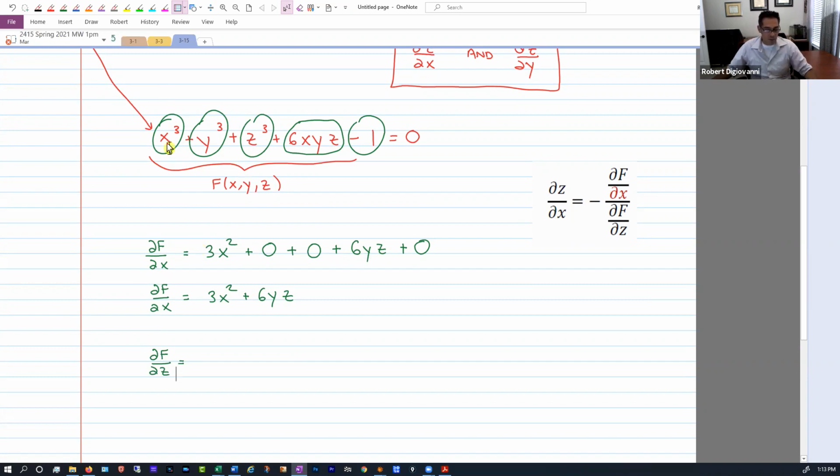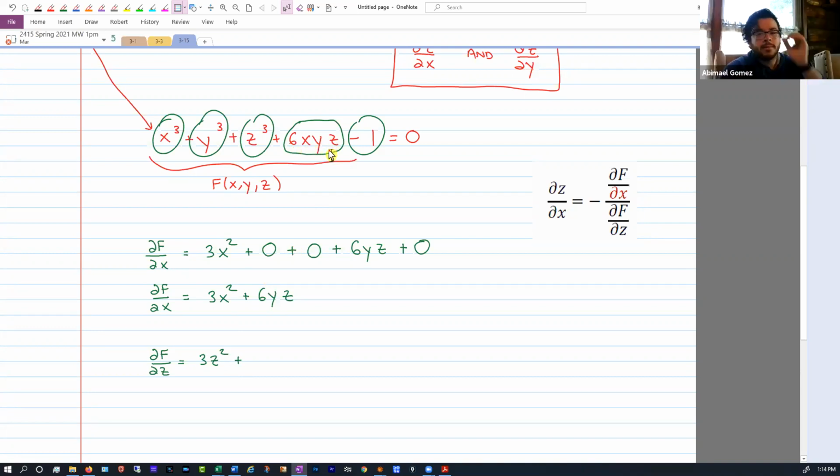So the derivative of x cubed would be 0, the derivative of y cubed would be 0, the derivative of z cubed would be 3z squared. And then plus, what about here? The derivative of this with respect to z would be 6xy. And then the derivative of -1 would be 0.